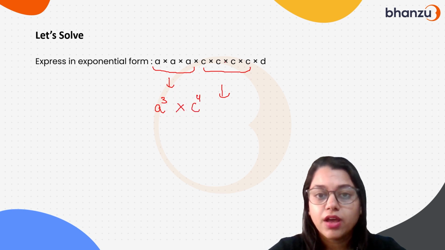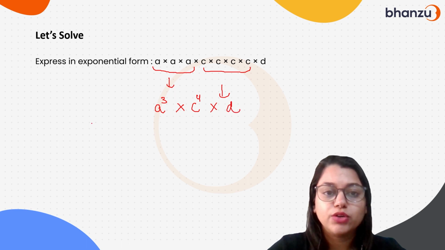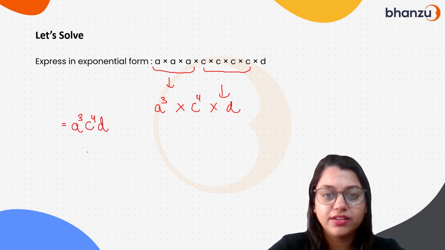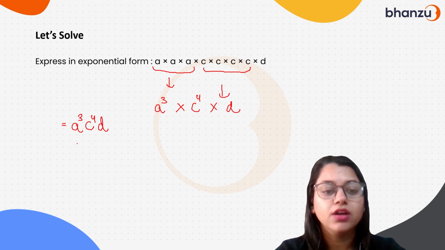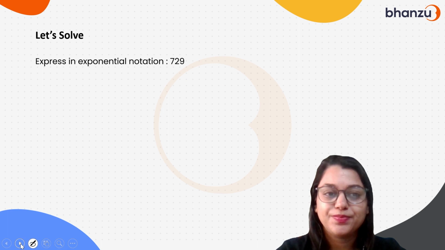And in multiplication, we have d. So it will be written as a cube c to the power 4 d. All right, this is our answer: a raised to the power 3, c raised to the power 4 times d. Let us see the next question.